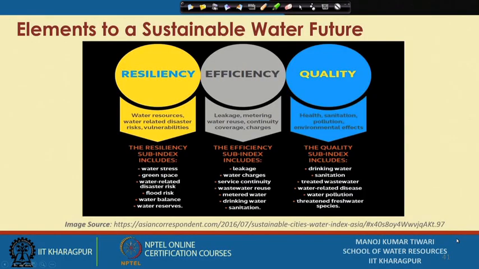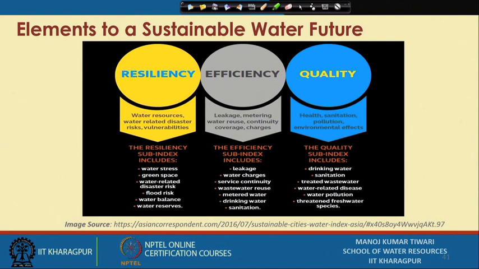So, when we talk about sustainability, there are various different viewpoints. Basically three pillars are considered for sustainability, but before we go into that, there are three key elements to a sustainable water future. One of them is resiliency, then efficiency, and then quality.